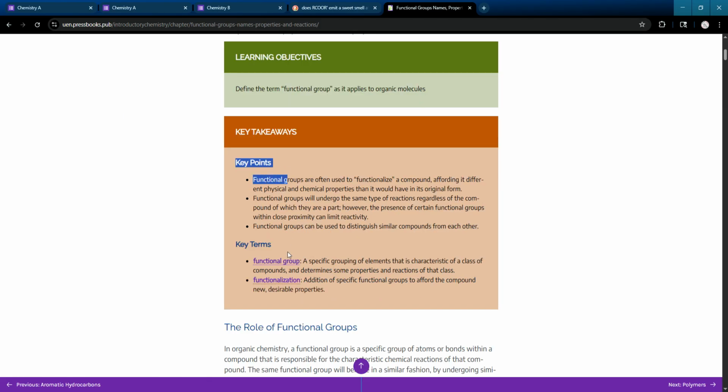We have key points and key terms. Functional group. Class of compounds. Functionalization is an addition of specific functional groups to afford the compound new desirable properties.